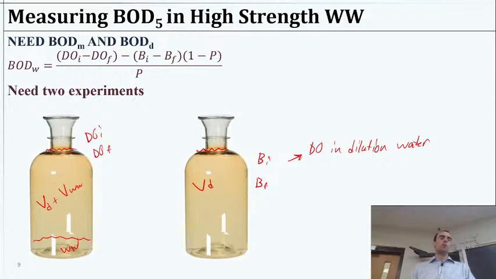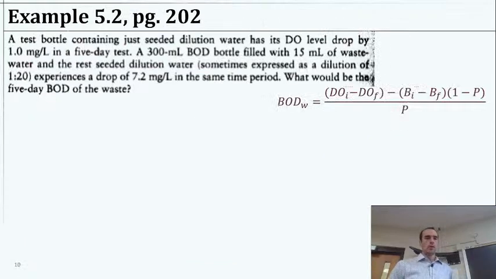So that's what's happening in this formula. It's otherwise exactly the same, right? If we measured 9 and 2 in the one, 9 and 3 in the other, we just put all those together in their appropriate places. All right, does that make sense? So let's take a look at another example and put that to practice.